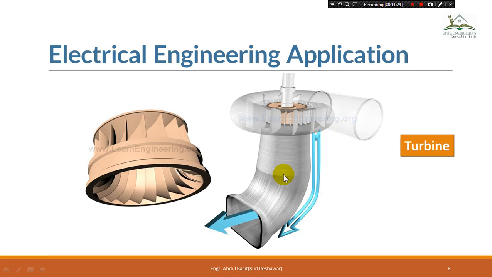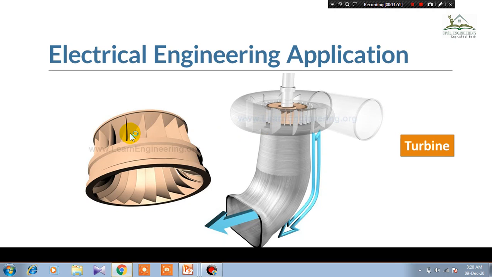Then coming towards some more concepts about fluids regarding electrical engineering. Electrical engineers use the application of hydraulics in turbines as well, and mechanical engineers may also take this application as their own. Water comes from one side through the penstock, and these blades encounter that water.